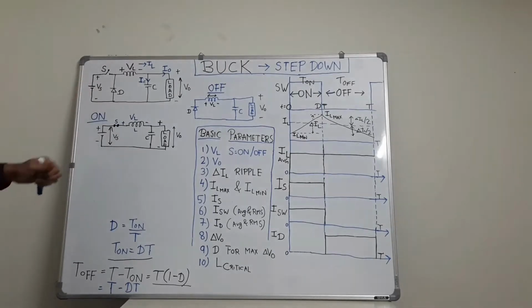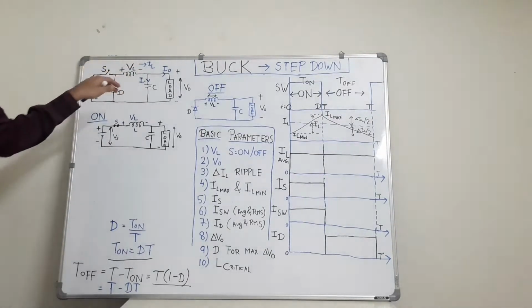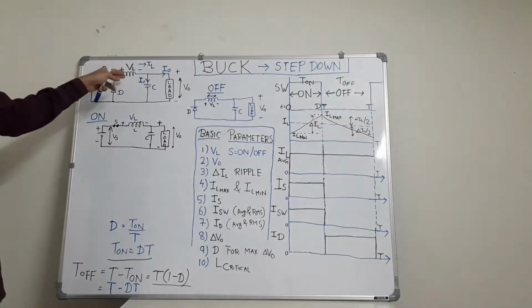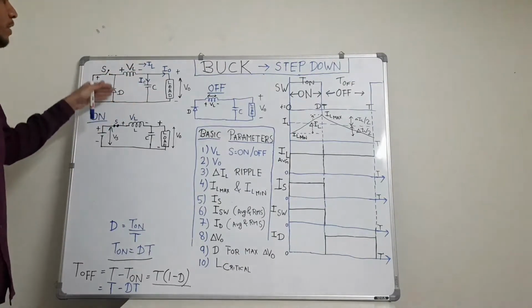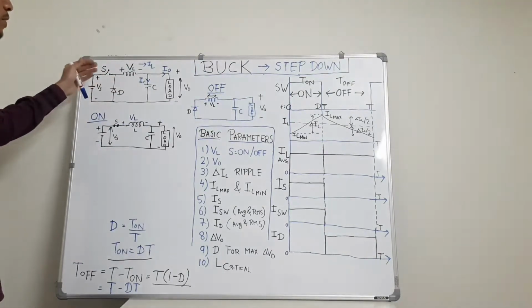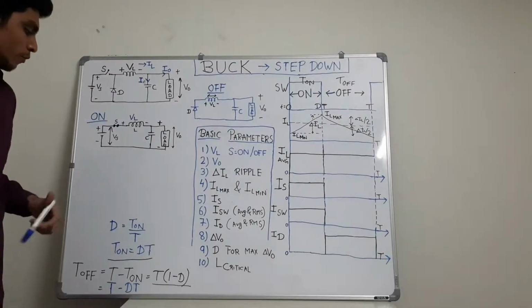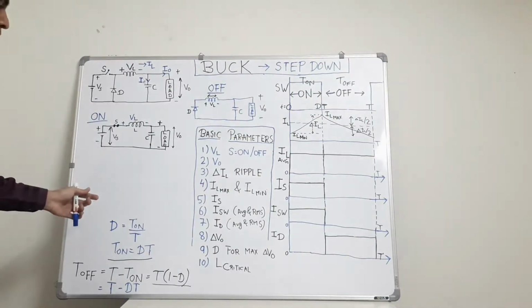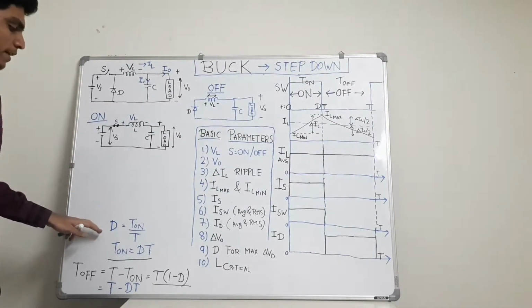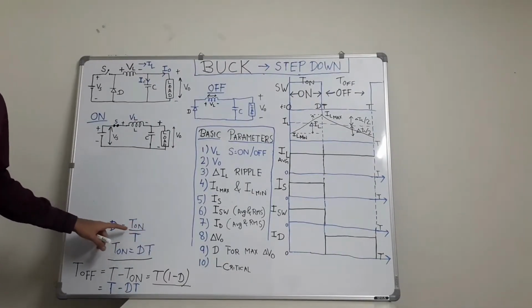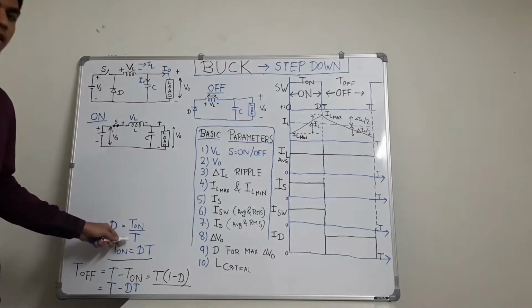This diode is used for freewheeling whenever the switch gets off. Hence, the inductor current passes through the diode when the switch is off or disconnected. Now friends, we will define a parameter called D, the duty cycle, which is equal to the on time of the switch divided by the total time.